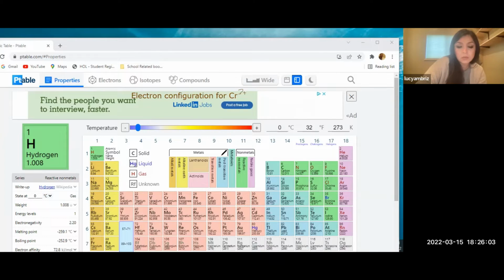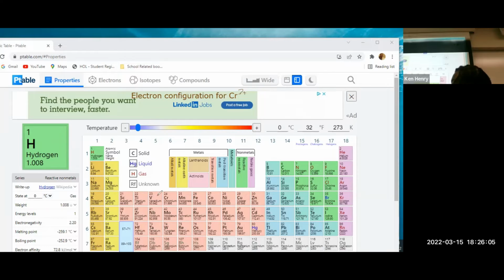Okay, so we're doing electron configuration for Cr3+. Here's Cr. What we want to do is go systematically through the periodic table till we reach chromium, and then write down the electron configuration for chromium. The rule is that we always take from the highest period first.